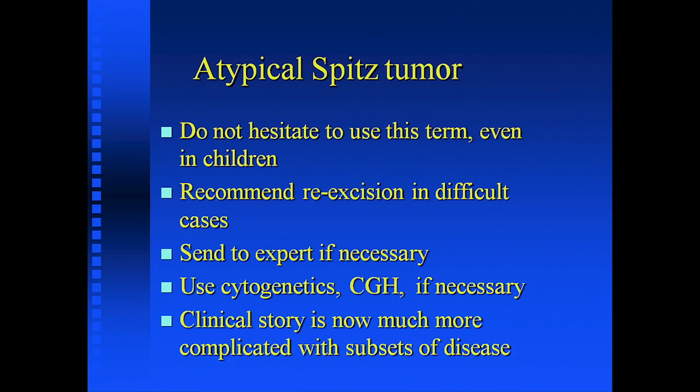It really does result in a problem, because as you can imagine, when somebody's 5 years old and you make a diagnosis of an atypical melanocytic lesion, the slide gets sent everywhere. This happens pretty often on our service because you do have these atypical pigmented lesions in children. You must recommend re-excision in difficult cases. Don't hesitate. It doesn't matter how old the patient is.